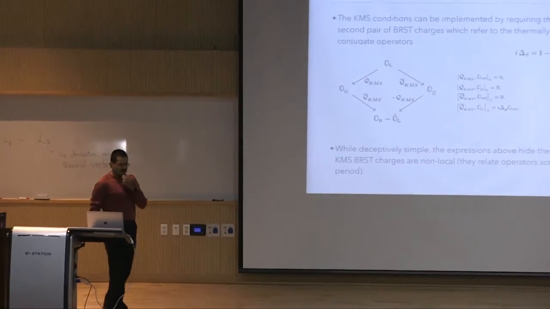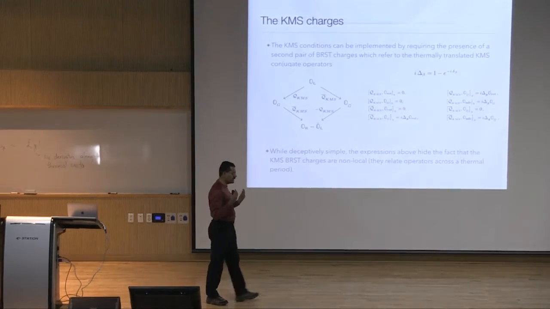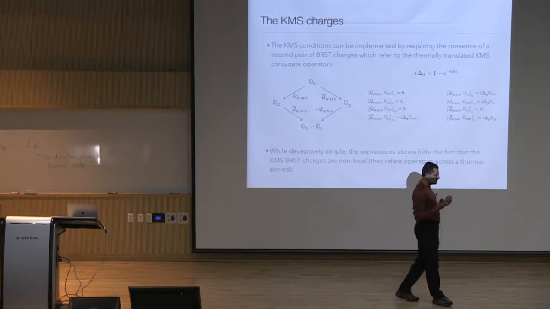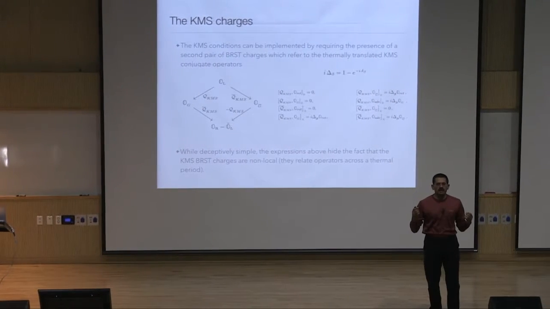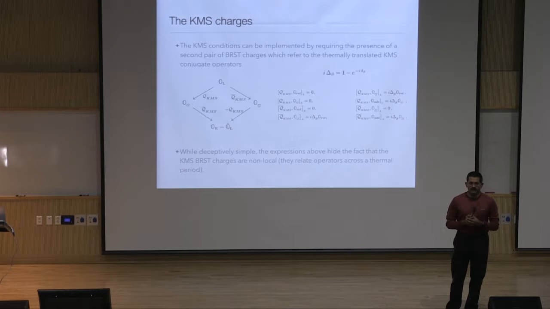So just by trying to encode the data of the Ward identities, we've argued for, we have not derived, I insist, a set of BRST charges, a CPT conjugate set of BRST charges for the Schwinger-Keldysh contour, Q_SK and Q-bar_SK, which were nilpotent, and a set of BRST charges Q_KMS and Q-bar_KMS, which are also CPT conjugate, for implementing the KMS conditions.